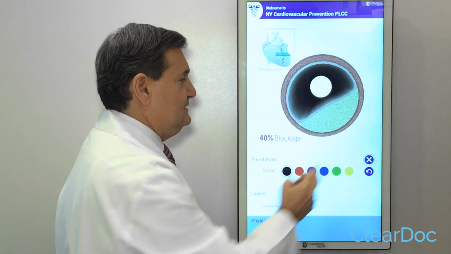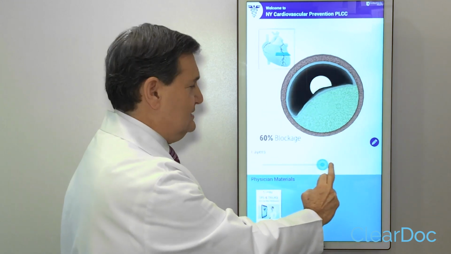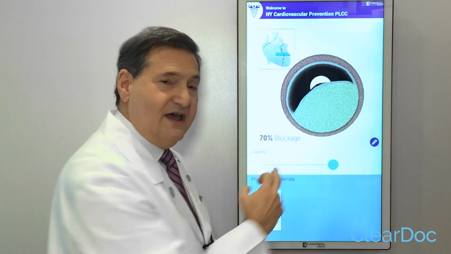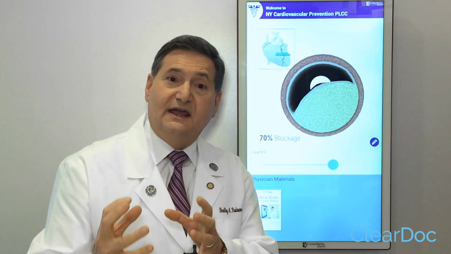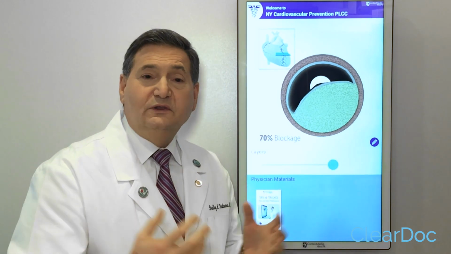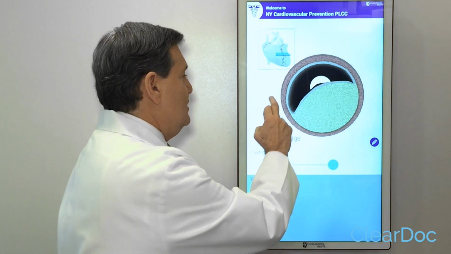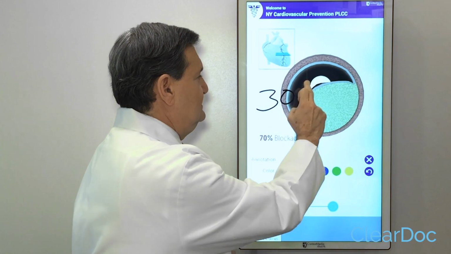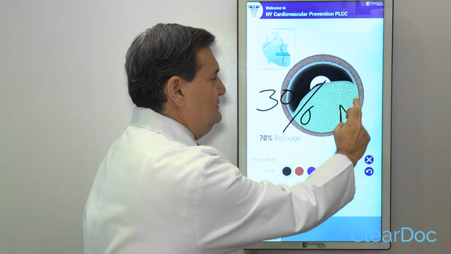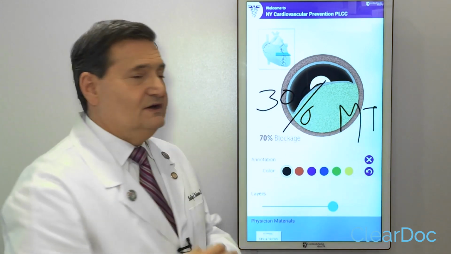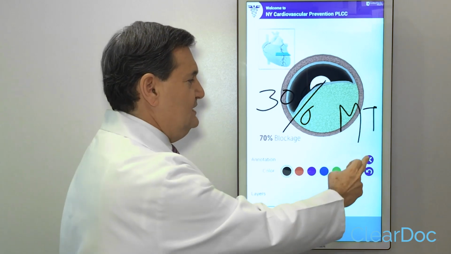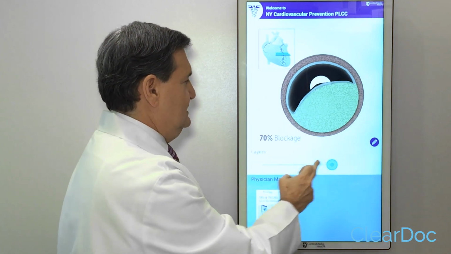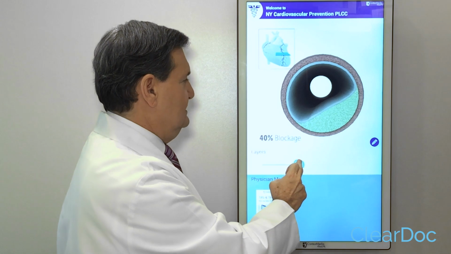The ones that are picked up on the stress test, the cholesterol accumulations that are 70% narrowing the diameter or more, only account for 30% of heart attacks.